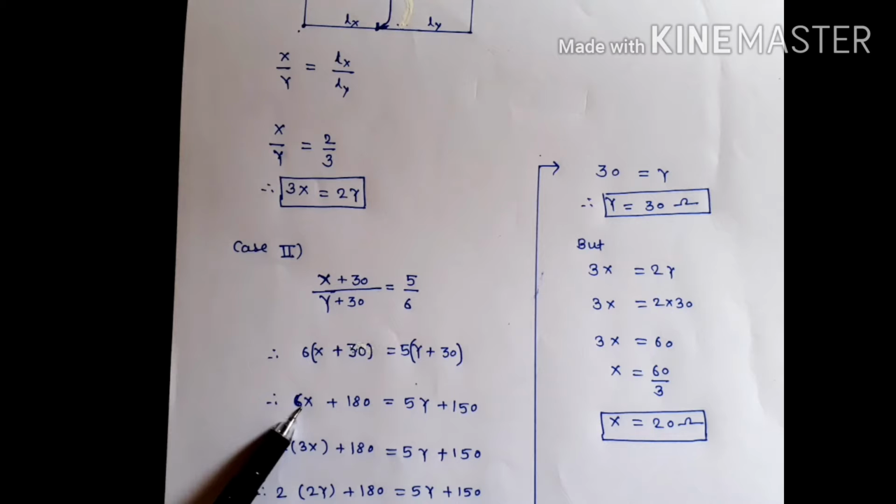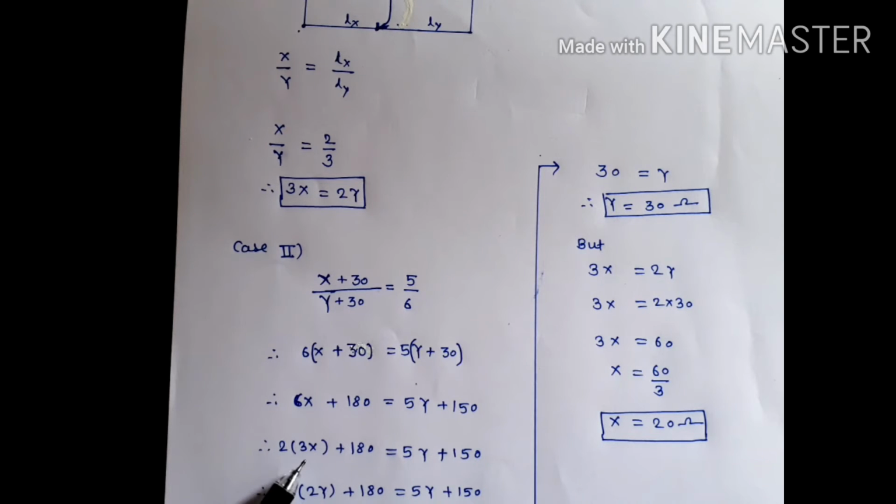Now, while writing this 6x, I write it in a slightly new form. 2 into bracket 3x, 2 3s are 6. Therefore, 6x means 2 into bracket 3x, 180 as it is, 5y as it is, plus 150 as it is.